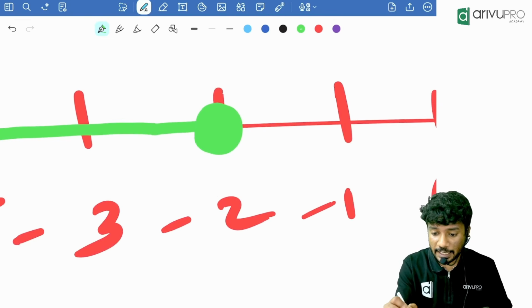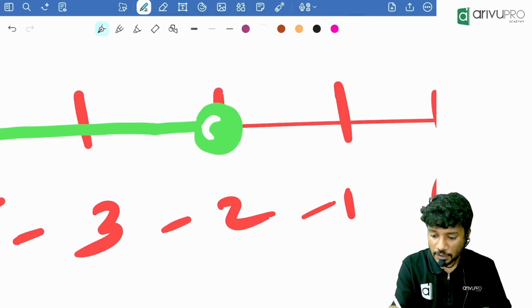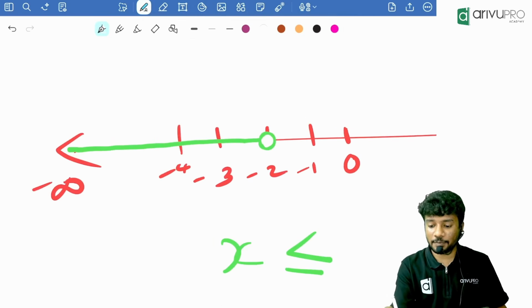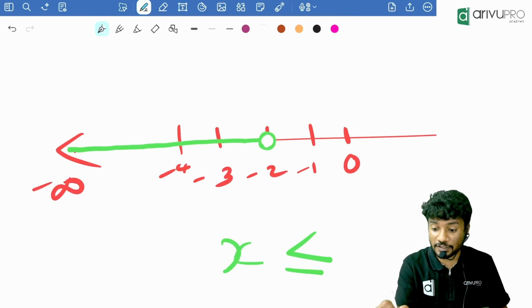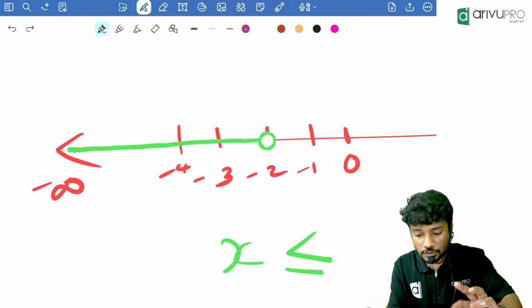If it was a circle with a vacancy, like a gap was there, we would have said x less than 2. Since that vacancy is not there, we will say that x is less than or equal to 2.